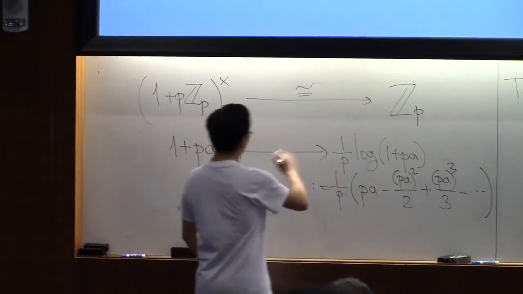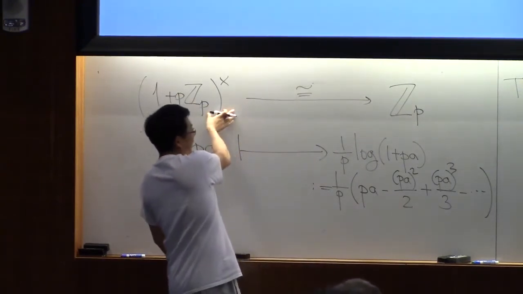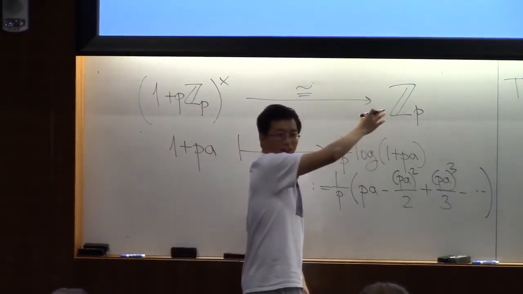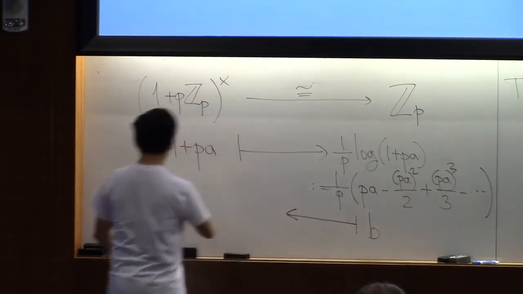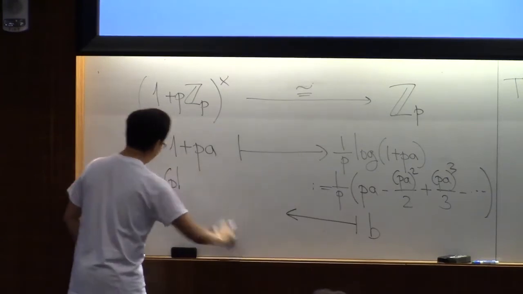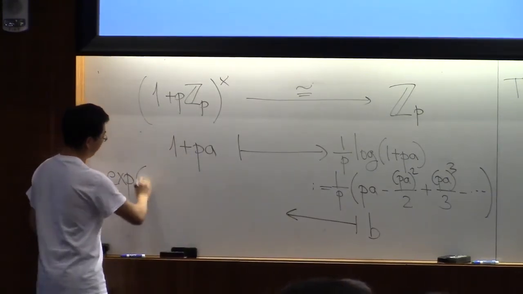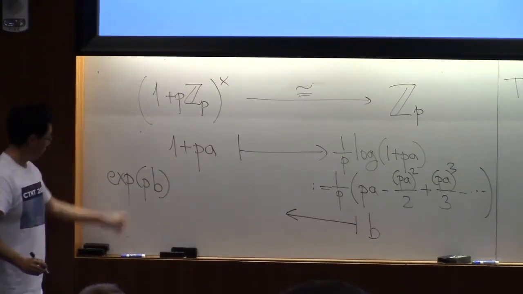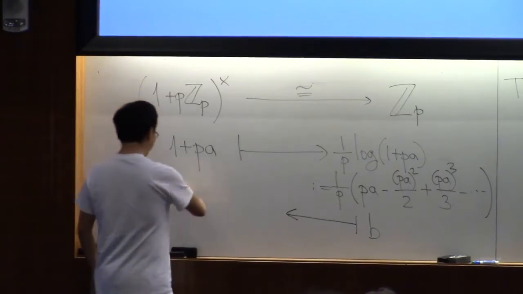And I can go the other way. This is log going this way, and we also know that log takes multiplication to addition. Going the other way, I take the exponential. So I have this thing, pb. What's the Taylor expansion?